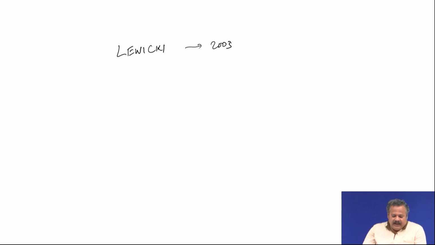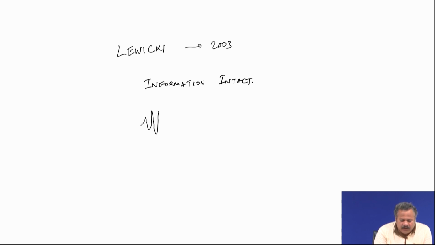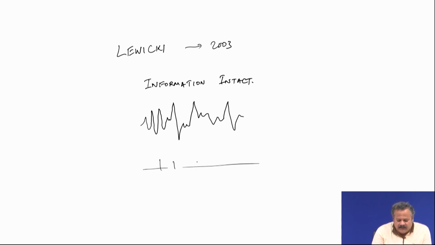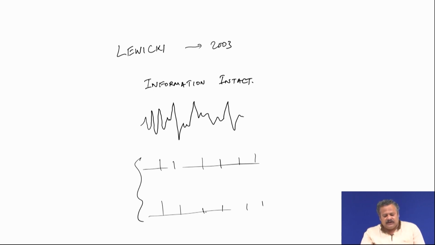As we have been saying, what we mean by keeping information intact is this: if we have a sound waveform, let us say it is something like this, and we have spike trains in the neural system that we want to study, a number of spike trains across multiple neurons in response to that stimulus.